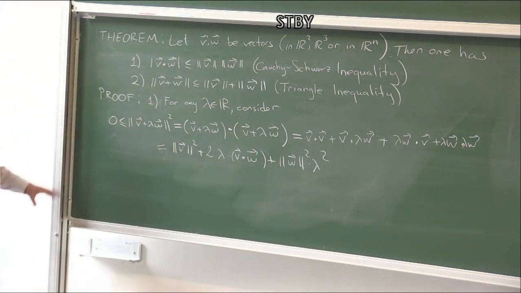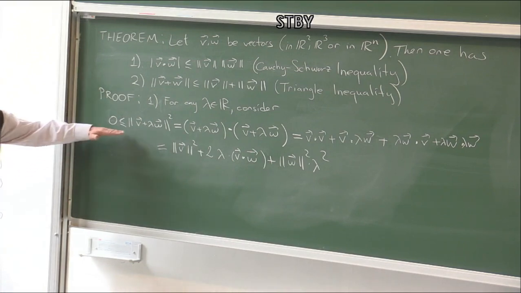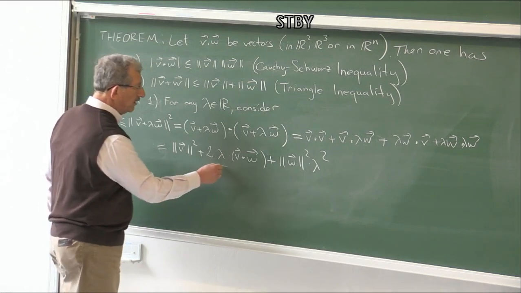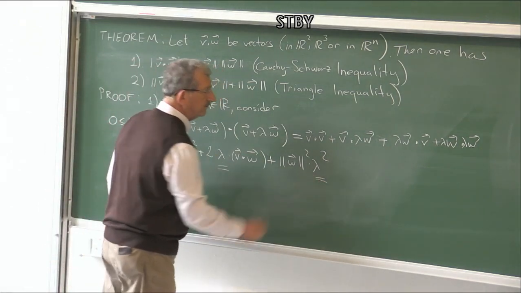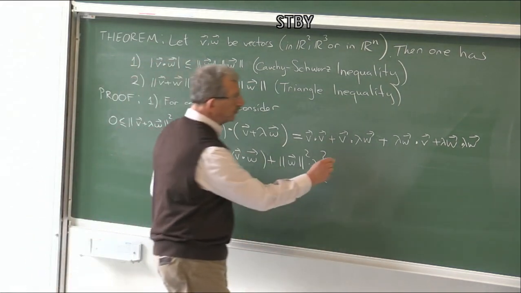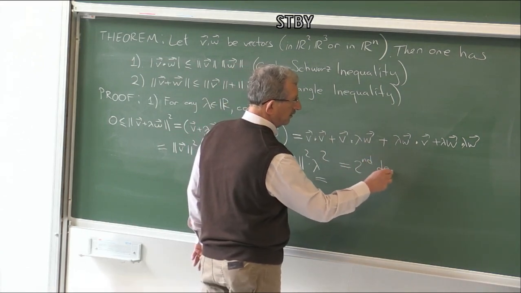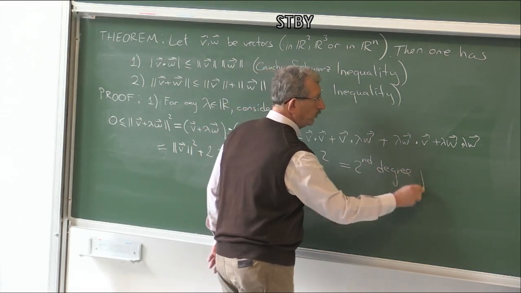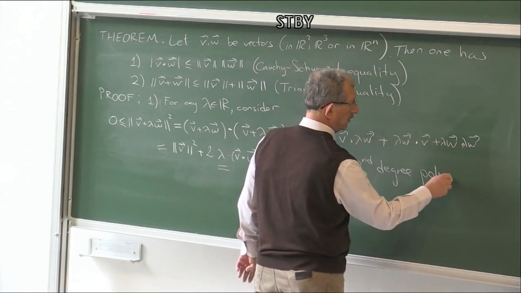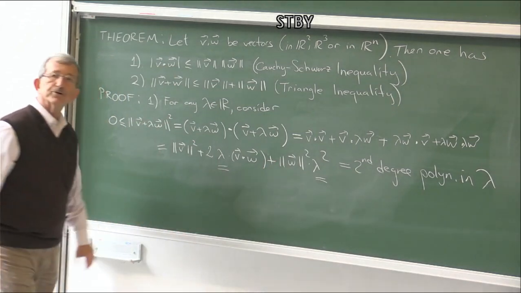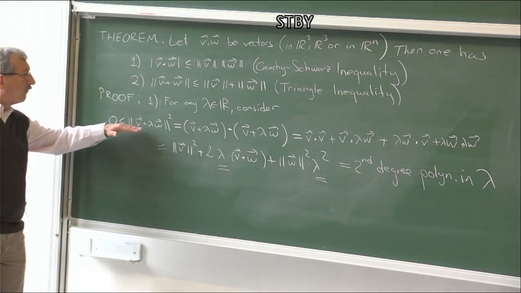Now, at this point, forget about the vectors v and w. Think of lambda as a variable. This, of course, is a second degree polynomial in lambda. Everything else is a coefficient. This was true for every lambda.